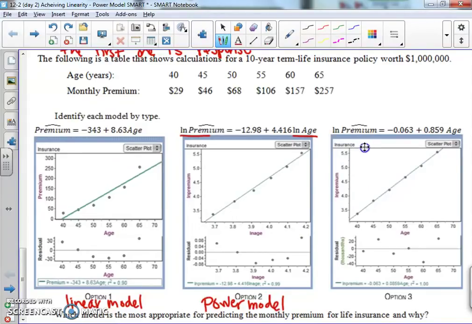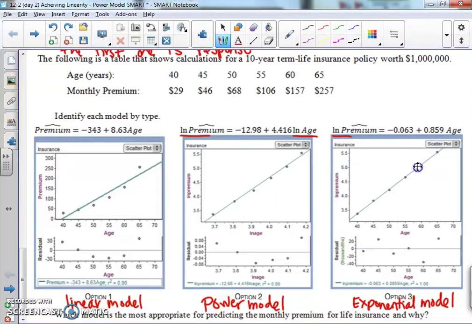Now what about this one? Notice this one has the natural log of the response, but there's no natural log of the explanatory, which means this is an exponential model. So that's how you tell the difference between a power model and an exponential model. Both options have a natural log of the response, but the power model also takes the natural log of the explanatory.